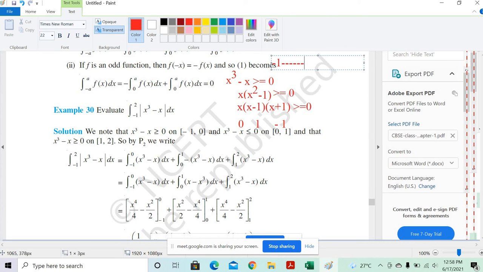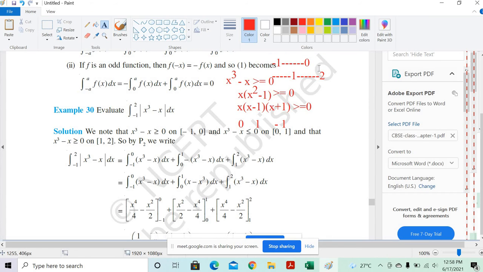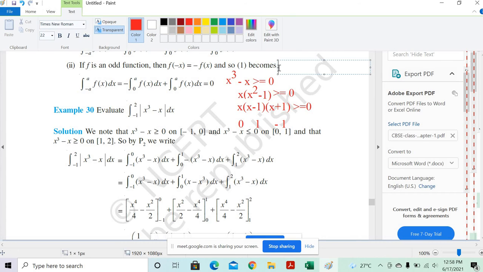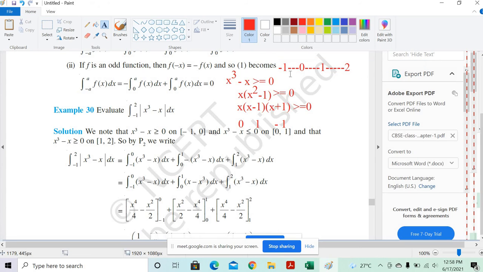Minus 1, 0, 1, then you get a 2. Now we need to check this value in this part, Vijay. Let's say this is minus 1, 0, 1, 2. So x value ranges from minus 1 to 2. Fine. So x value is here.